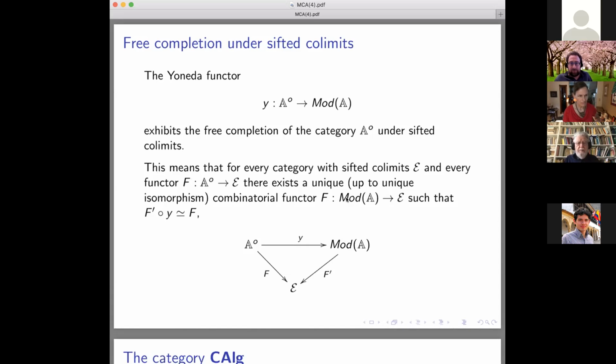Any functor with values in some category E, let's say cocomplete if you like, can be extended uniquely as a combinatorial functor F-prime from mod A to E.